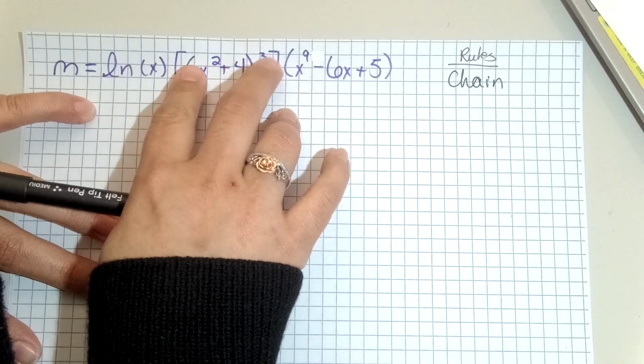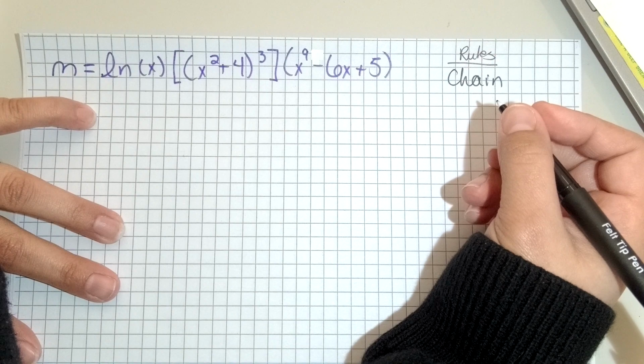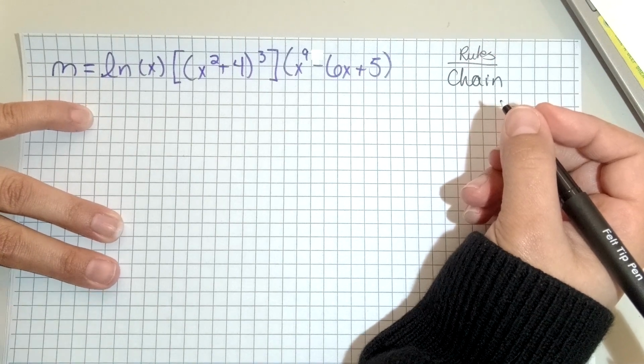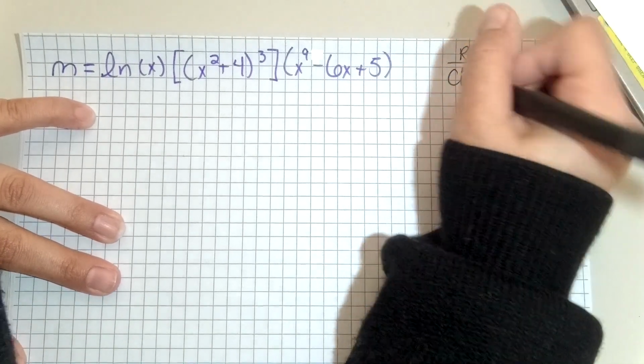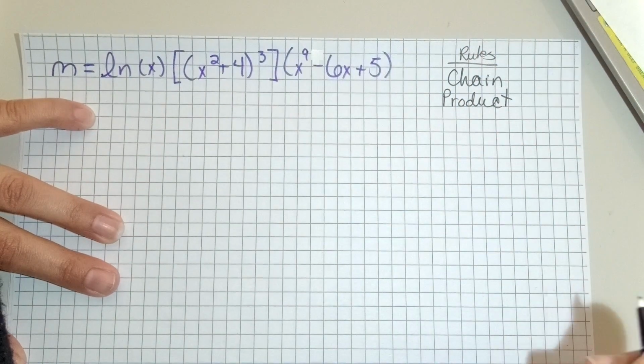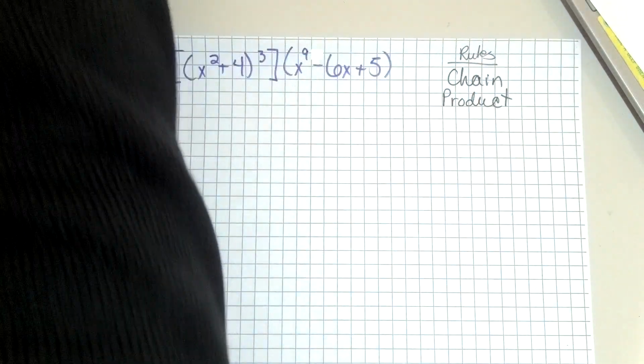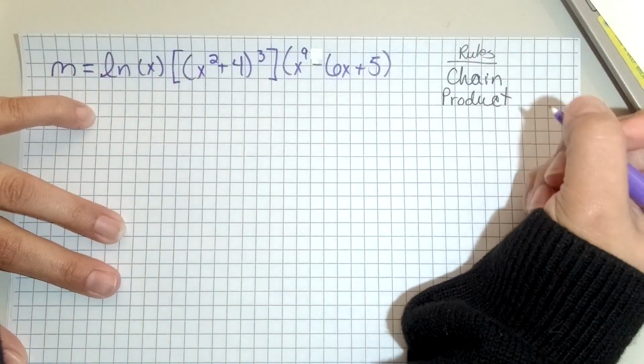Very good, this exponent on the parentheses. What's another rule other than power rule? Product rule. How do you know it's product? Multiplication, good. Things are being multiplied together. What is another rule I'm going to use?